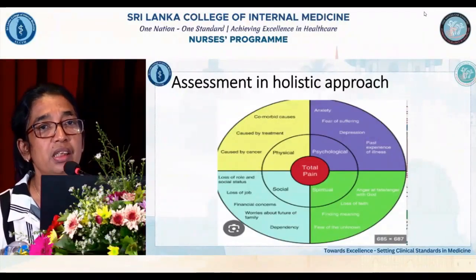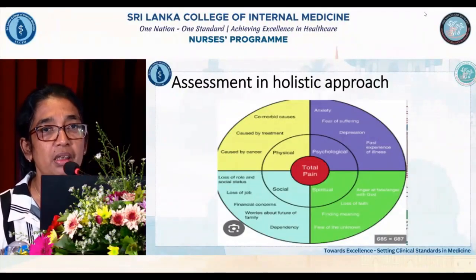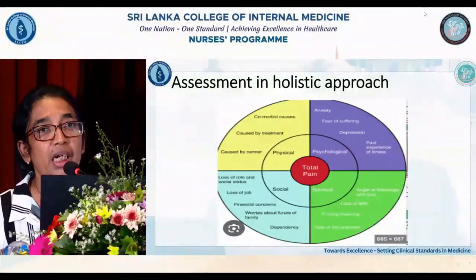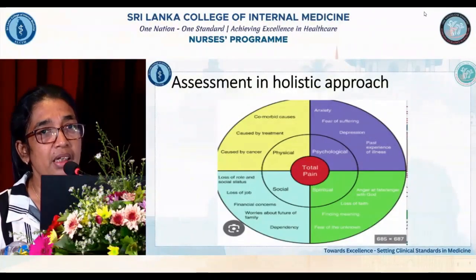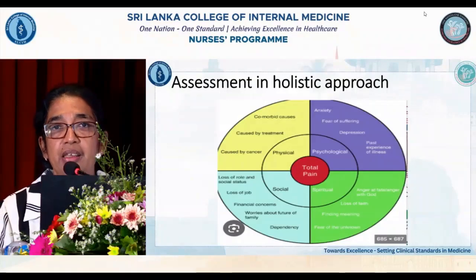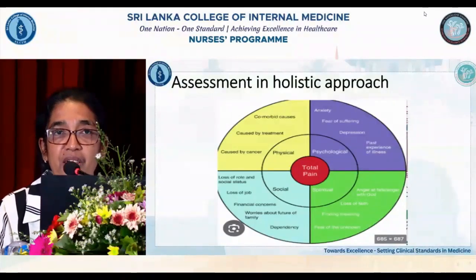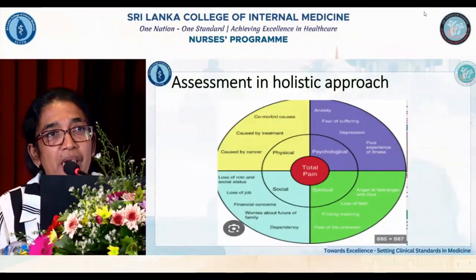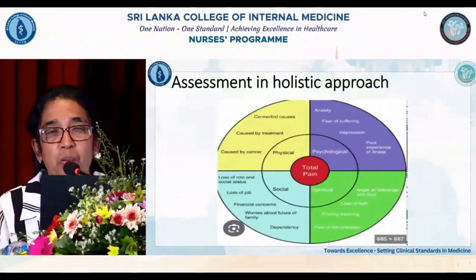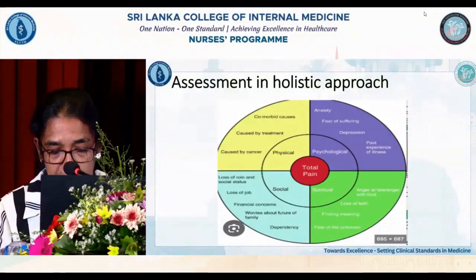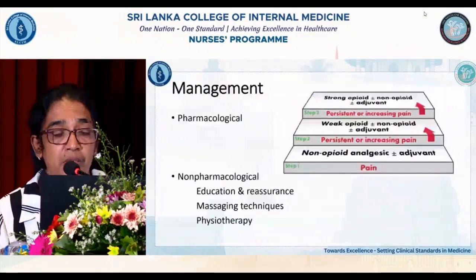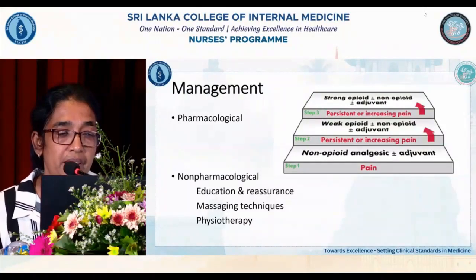You have to ask in detail about family problems, social problems, and any previous illnesses. Especially in cancer pain, there are the patient's emotional and spiritual aspects. Sometimes they lose faith in their religion. Sometimes they think, I'm such a good person, why did I get this? Those things are hidden inside unless you talk to the patient, and it is important to really reveal them as well.